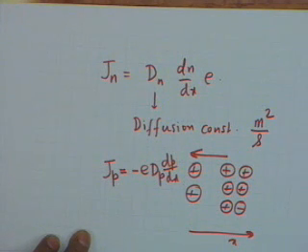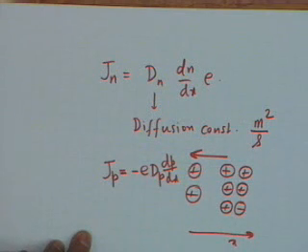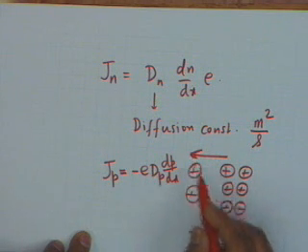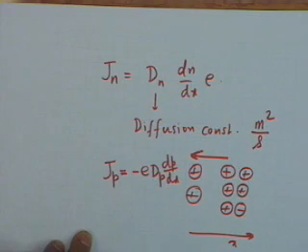Why is it negative? Is that the question? dp dx is positive, so the holes move in the opposite direction, in the negative x direction. If dp dx is positive, holes move in this direction, x is in this direction, and therefore the current is negative. You must take care of this sign.